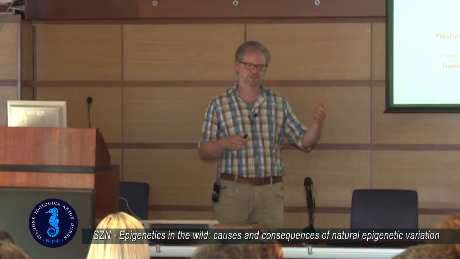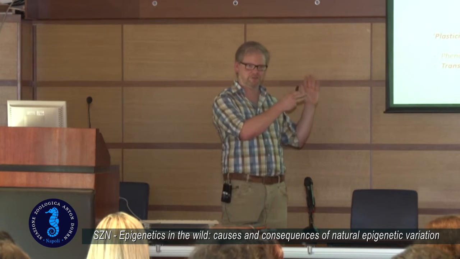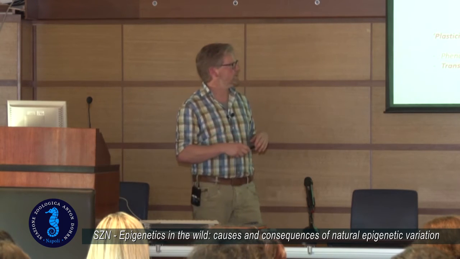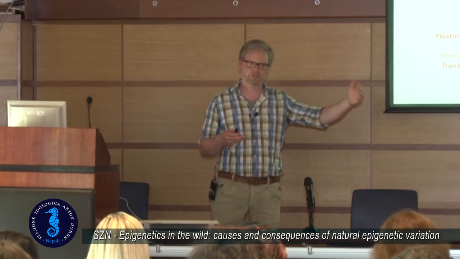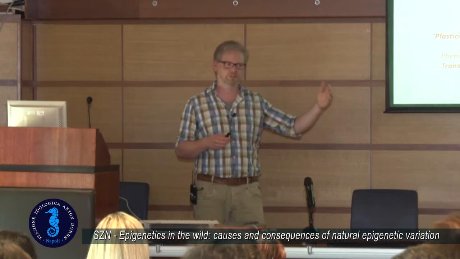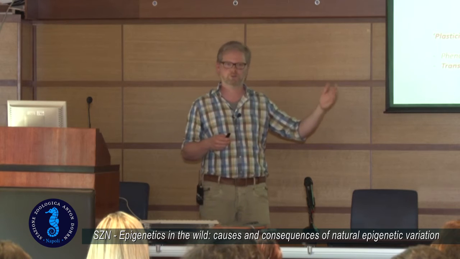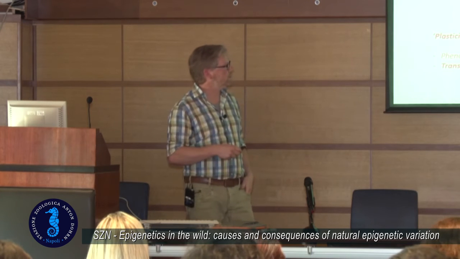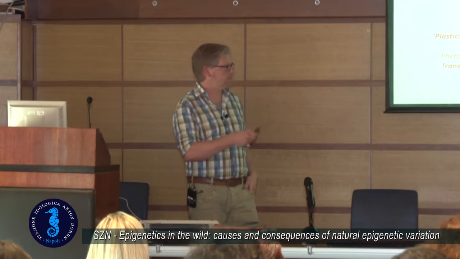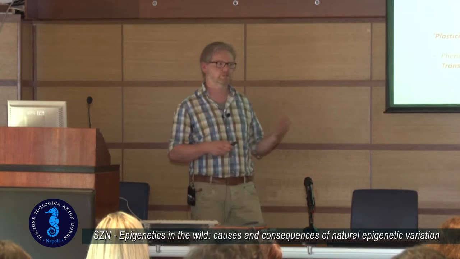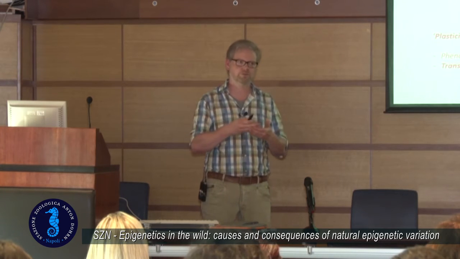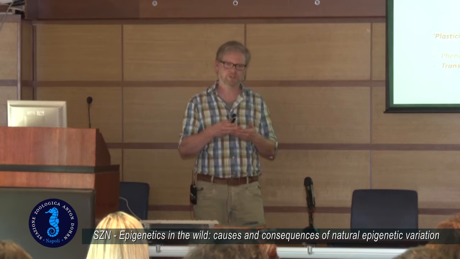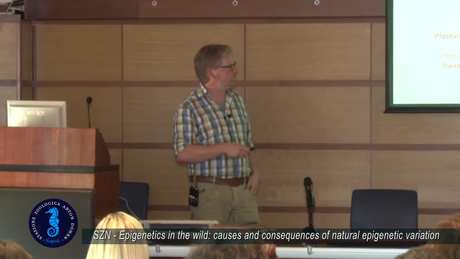The issue there is that we don't really know what the function of that DNA methylation is. But potentially, as we saw in the first Linaria flower example, there can be epigenetic mutations that are just sitting there, really stable. Maybe not as stable as genetic mutants, but much more than 1 or 2 or 3 generations. If they happen to affect the phenotype, then the heritable variation in that phenotype is not only encoded in the DNA sequence anymore, but part of it is encoded in the epigenetic code, which is then visible to selection.